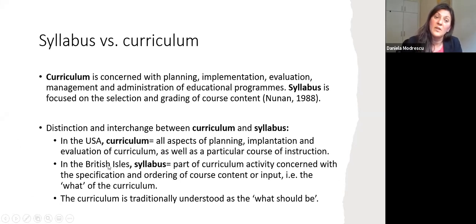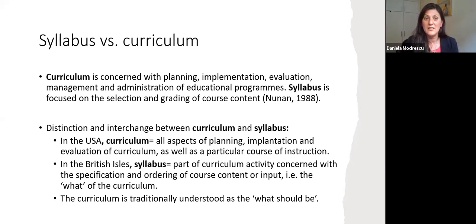Whereas in the British Isles, the syllabus is basically part of the curriculum. It's literally just a specification or an ordering of course content, basically the what of the curriculum. So it's both, let's say.